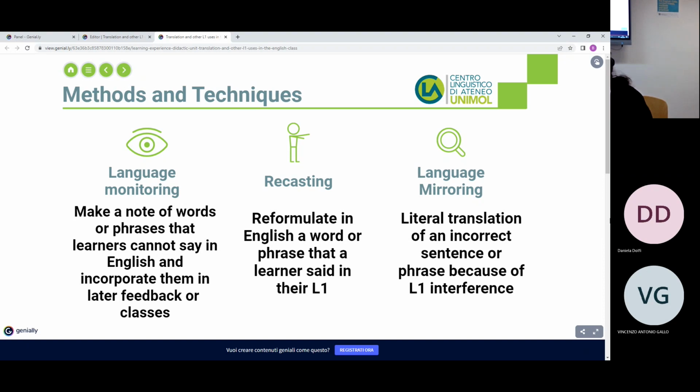Instead of saying, Giovanni, it's yeast, come on, how do you say lievito? It's yeast. Instead of interrupting the activity, because we want them to be fluent in English and we don't want to interrupt them all the time, we write a note, and we can integrate this in feedback later on, delayed feedback.